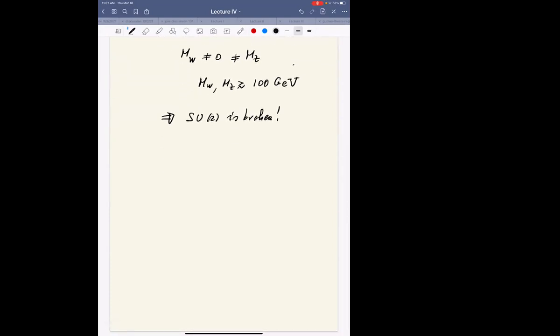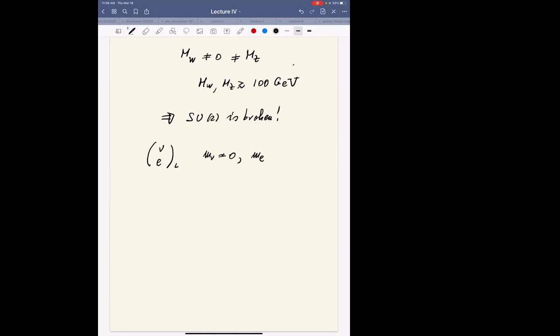Well, that's not surprising, because I told you that neutrino and electron live in the same multiplet, and m nu is basically zero. It's so tiny. I'll come back to neutrino mass.